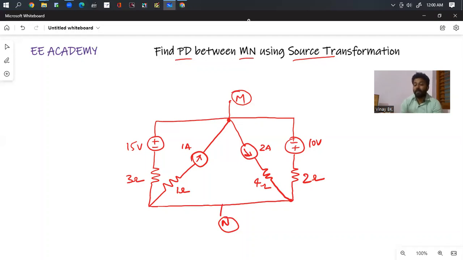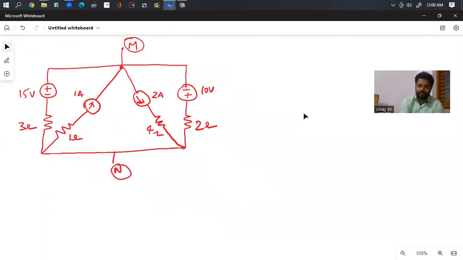That is a practical current source and a practical voltage source. But in this problem, they have given two current sources that are connected in series with resistors: 1 ampere with respect to 1 ohm, similarly 2 amperes with respect to 4 ohm.